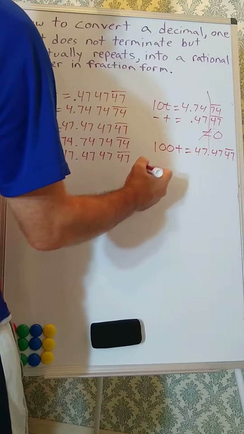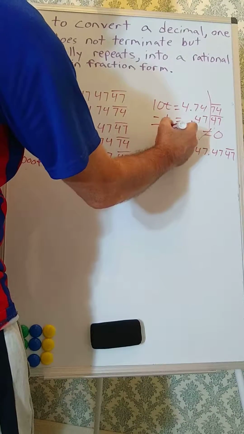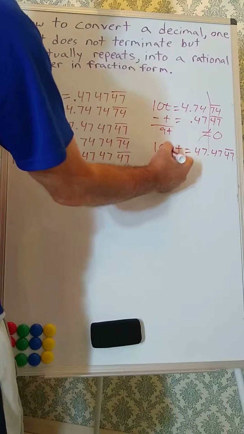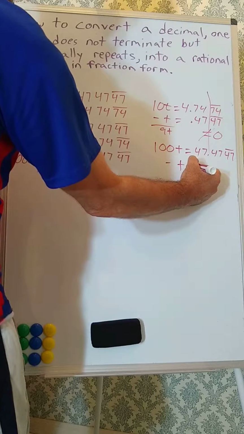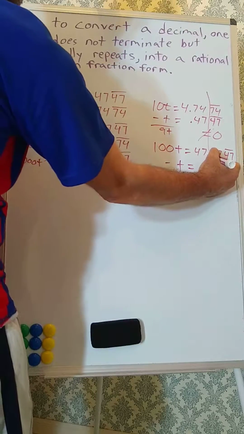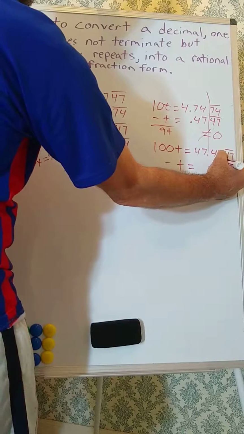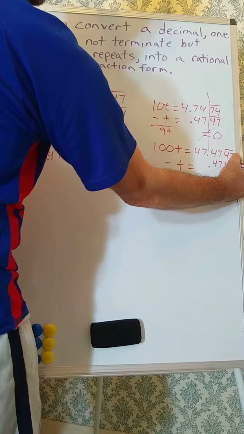Line up the place values, tenths with tenths, hundreds with hundreds, thousands, 10,000s, and so on.